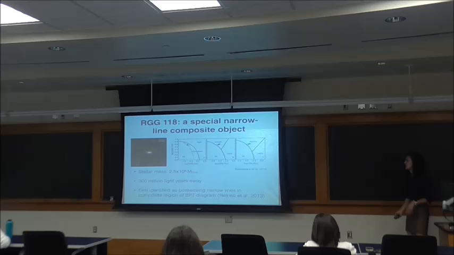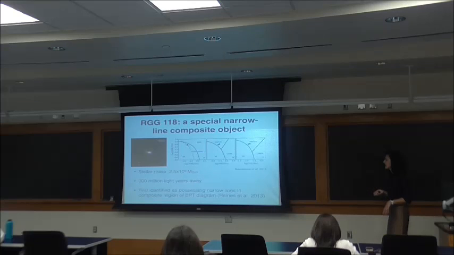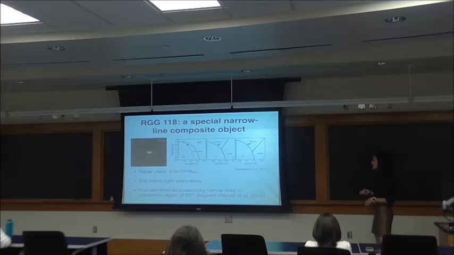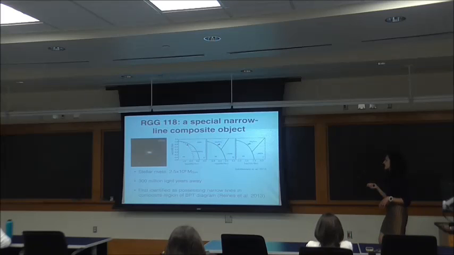First, I just want to touch on one object that I've done a lot of work on, RGG 118, which was identified as having narrow lines in the composite region of the BPT diagram. It has a stellar mass roughly similar to that of the Large Magellanic Cloud. And then here I'm just showing a few different narrow line diagnostic diagrams.